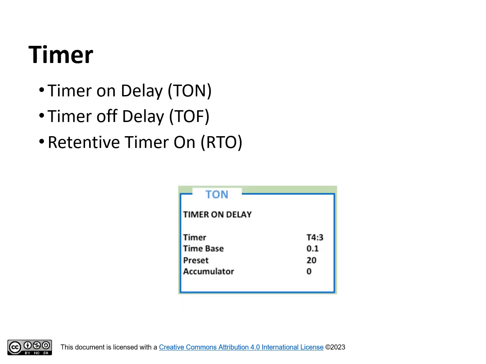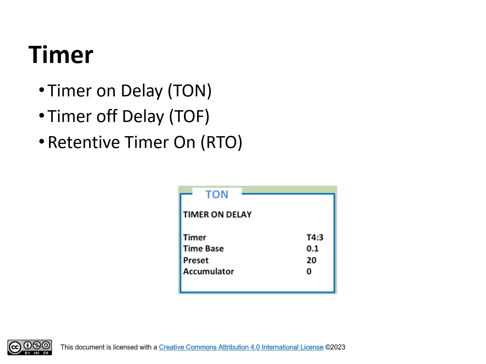Timers provide the same functions as on-delay and off-delay electronic and mechanical timing relays. Most common among these timers are the timer on delay, TON, the timer off delay, TOF, and the retentive timer on, RTO.